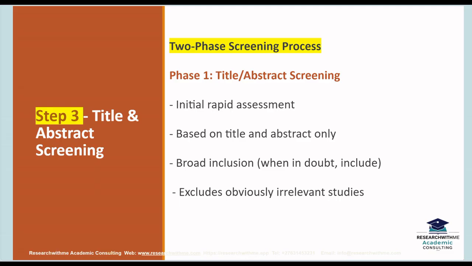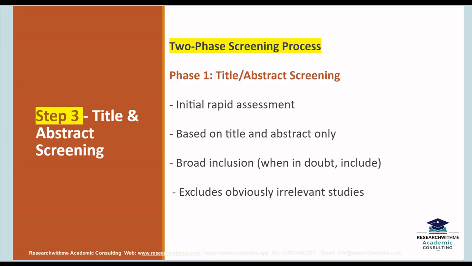And this involves a 2-phase screening process. The first one is the screening of the title and the abstract. That is, you look at the title and the abstract. Do they really represent the study you want to carry out?